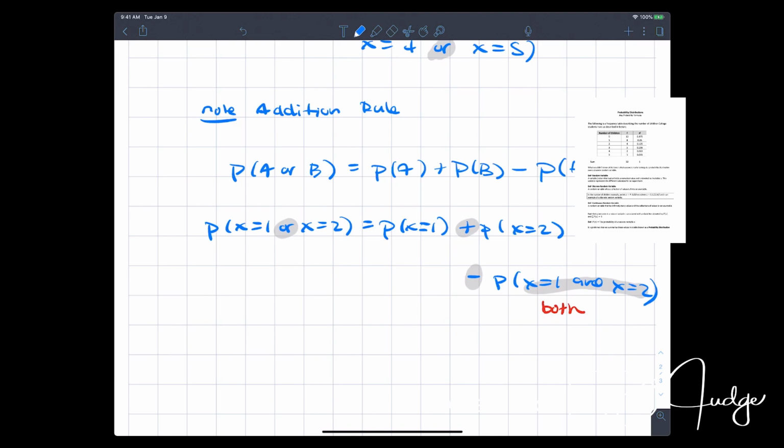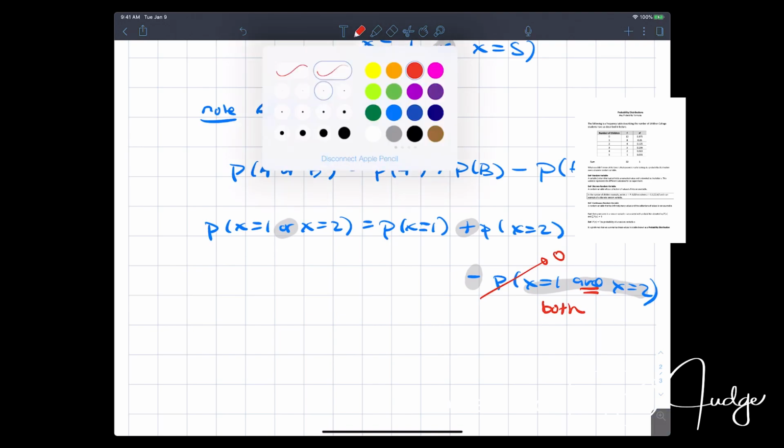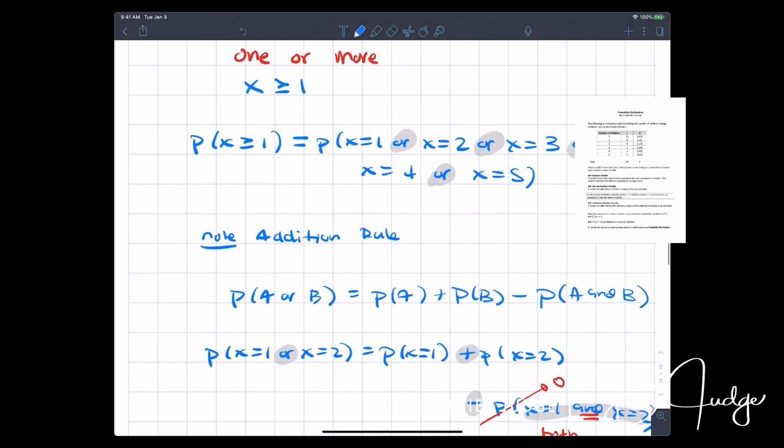If somebody says, hey, how many children do you have? Oh, I have 1 and 2. The problem here is that's impossible. The probability you have 1 and 2 children, because the phrase is and, that's impossible, and that probability is 0. So by the addition rule here, the ands are all impossible. They're all 0.